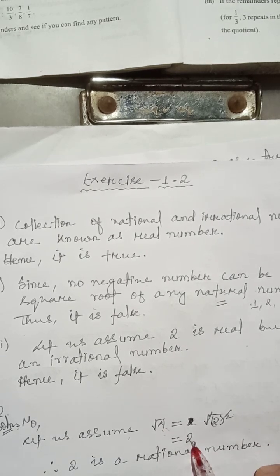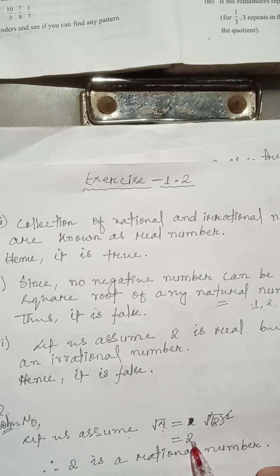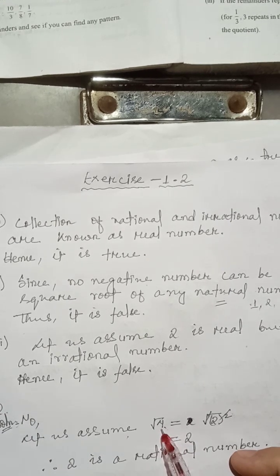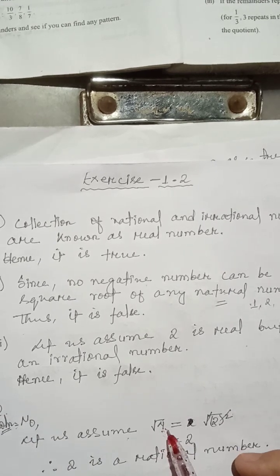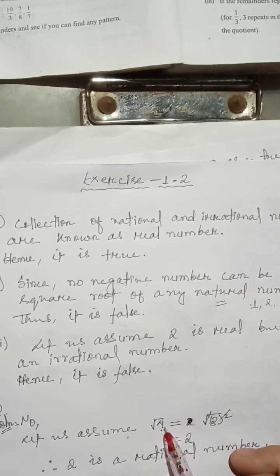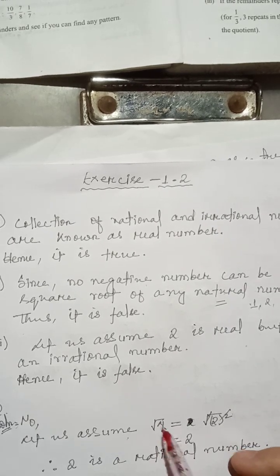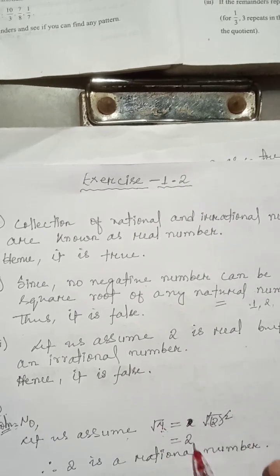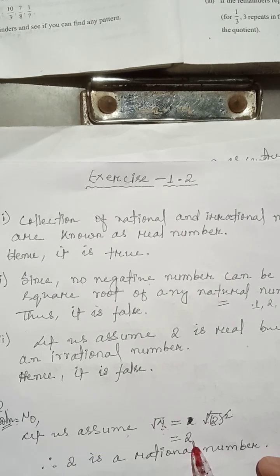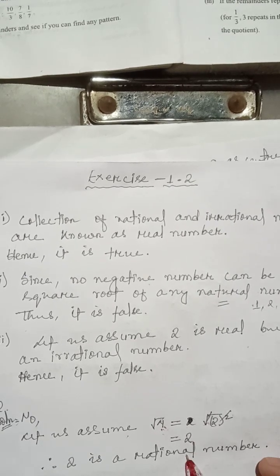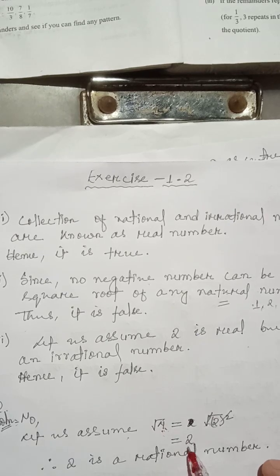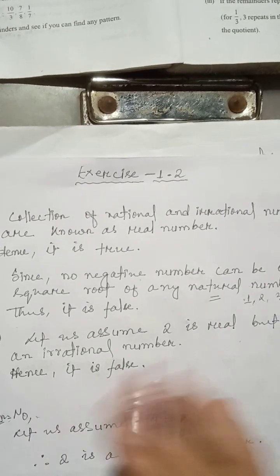This is a rational number. So this is an integer, we take its root according to the question, and the outcome is also a real number, but it is a rational number. So the given statement is false and we write no, okay? So that's it.